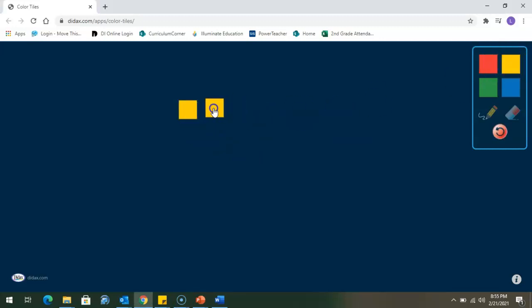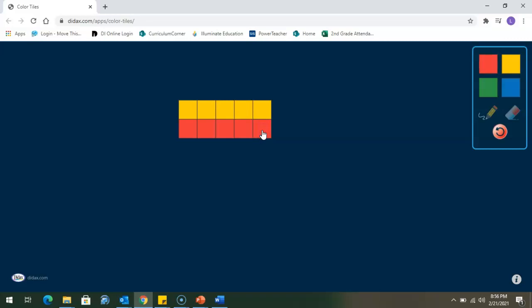1, 2, 3, 4, and 5. I'm going to make another row because this is row number 1. 1, 2, 3, 4, and 5.